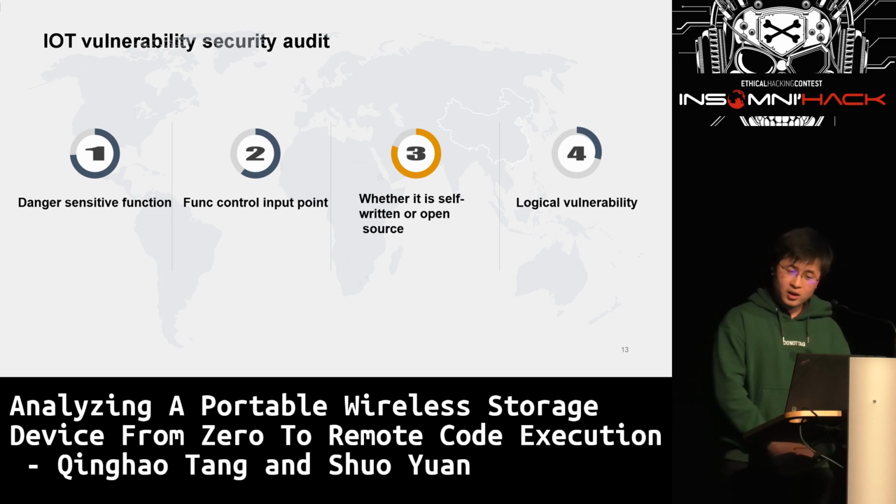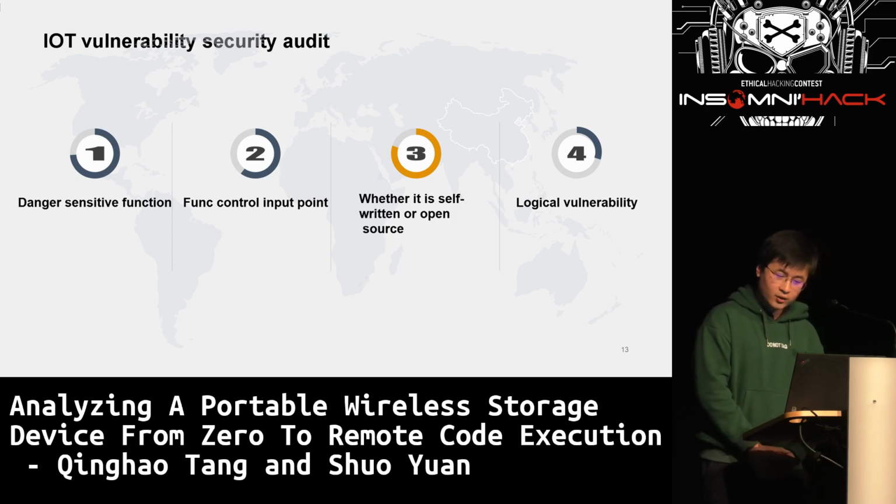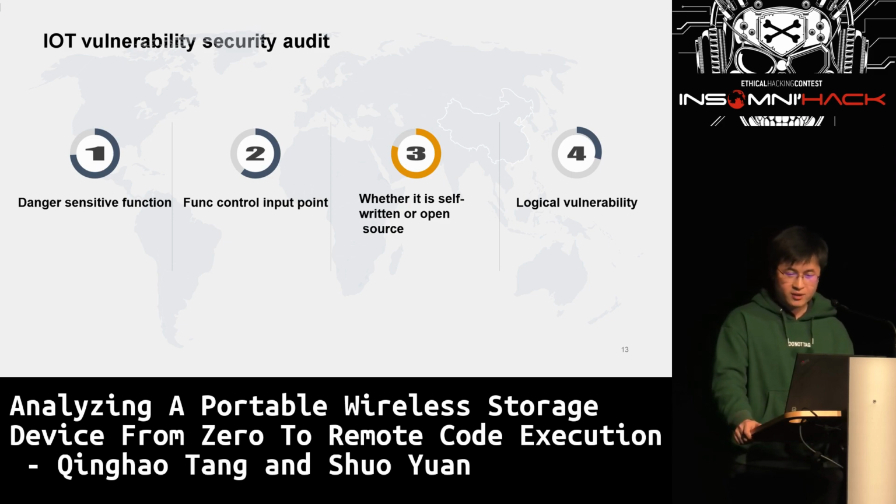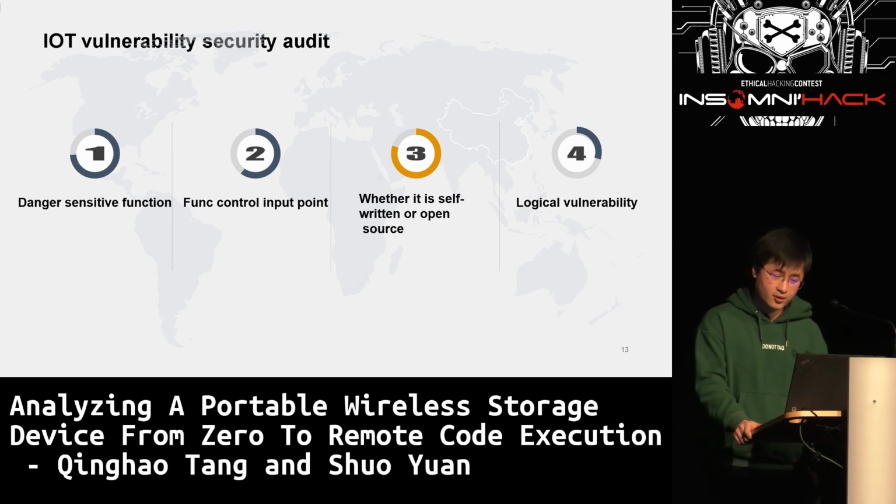In this part, there are 4 parts for vulnerability mining. The process of constructing IoT vulnerability audit is mainly divided into 4 types. The first part is the audit of dangerously sensitive functions, such as string copy, memory copy, and similar functions that can cause firmware overflow.